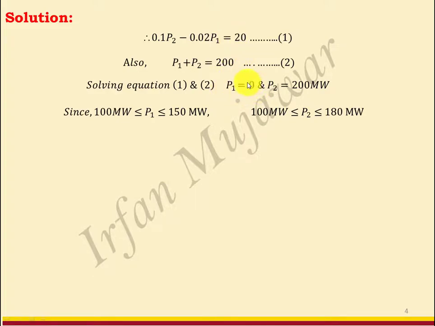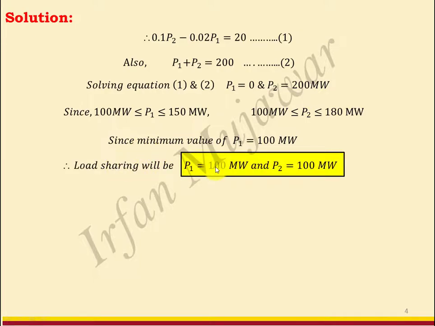So this P1 is violating the minimum limit, because it is mentioned in the problem that the minimum value of P1 is 100 megawatt. So we have to set the minimum generation for P1 as 100 megawatt. The remaining 100 megawatt will be supplied by P2, because the total generation we require is 200. So finally our load sharing will be P1 equal to 100 megawatt and P2 equal to 100 megawatt.